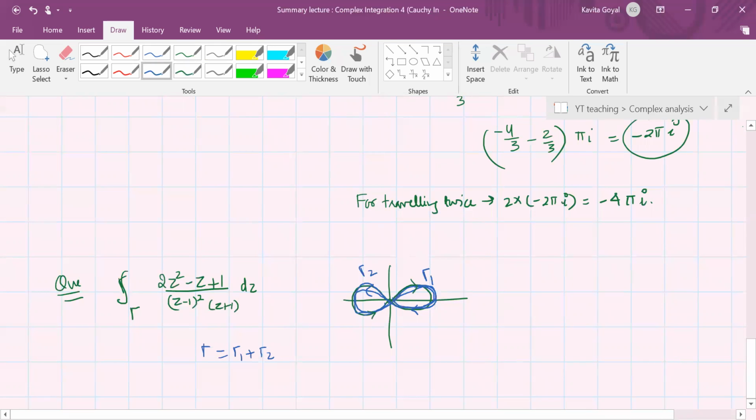Now you see gamma 1 is clockwise and this is anti-clockwise, right? So you have to make sure that you are taking care of the signs also.